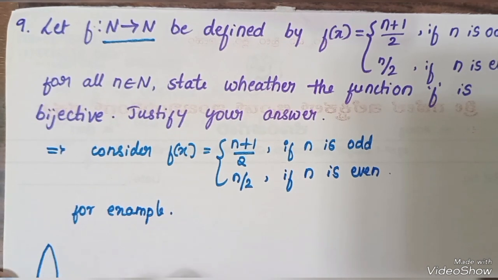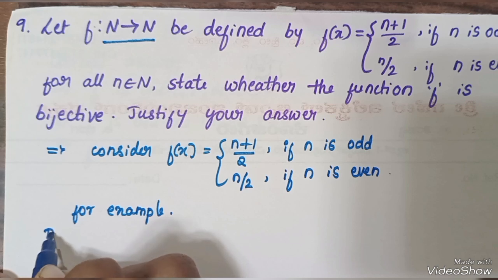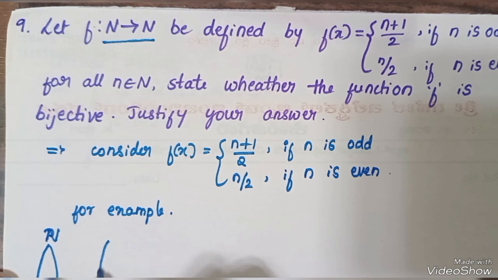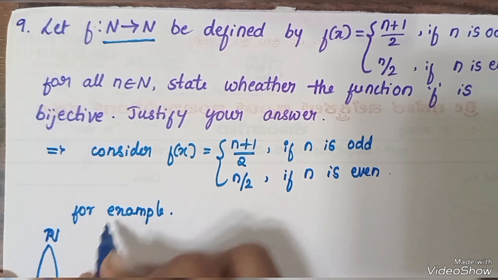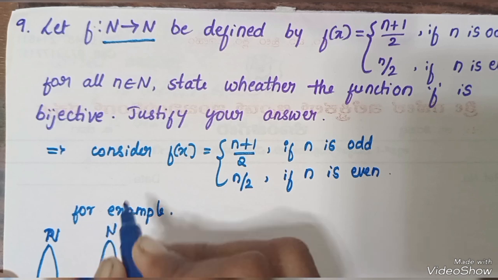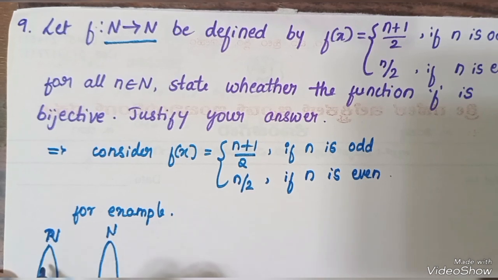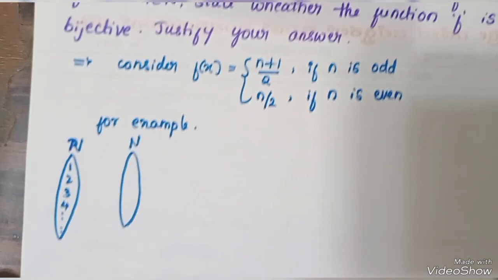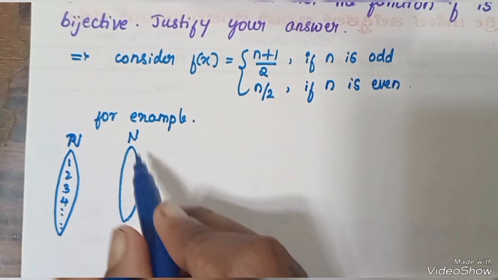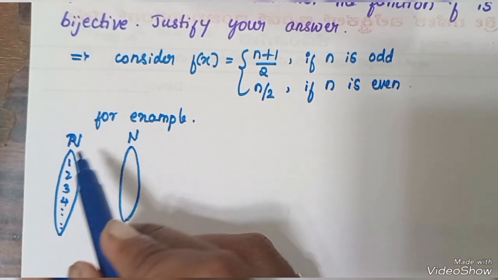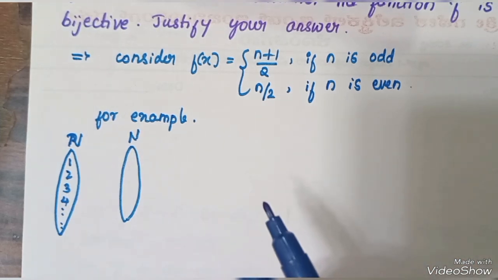Here, the domain set is the natural numbers, and the codomain is also the natural numbers. For example, natural numbers start from 1, 2, 3, 4 and so on.